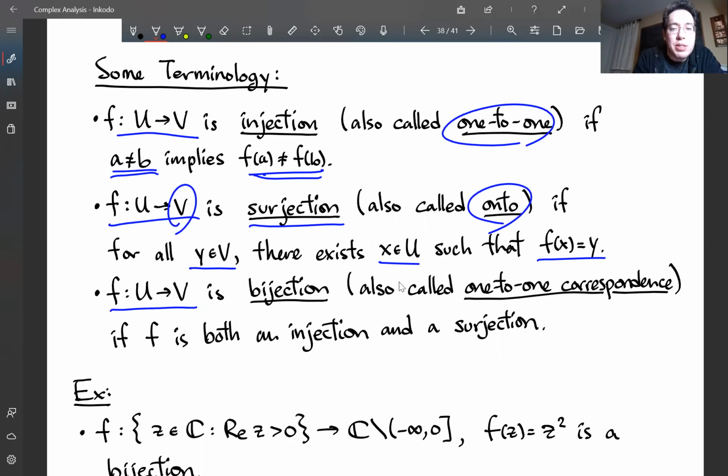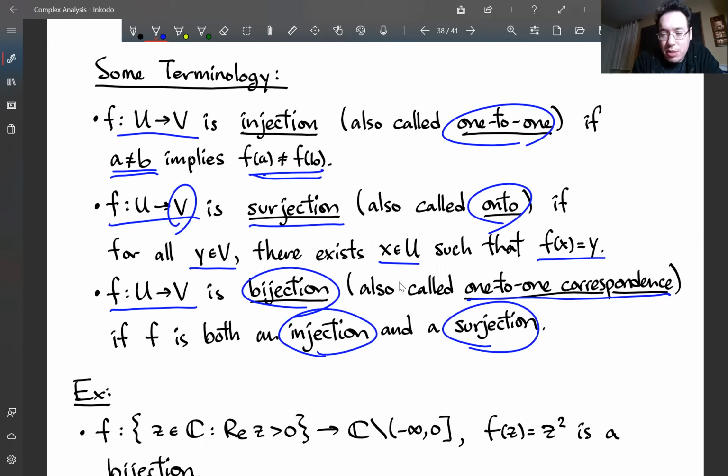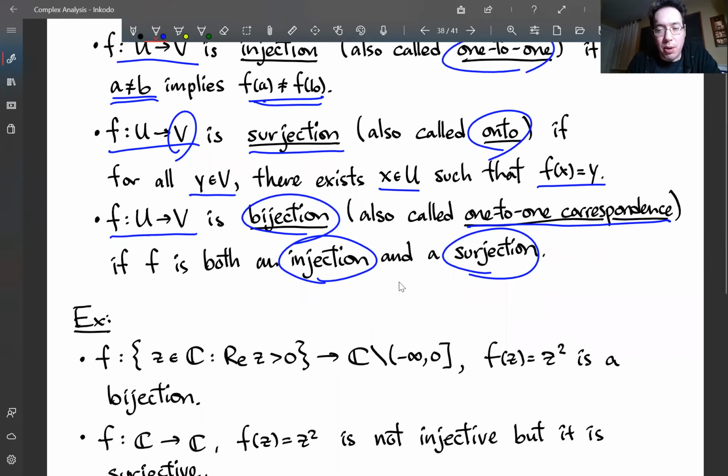We also say the function is a bijection, sometimes also called one-to-one correspondence, if they're both injection and surjection at the same time. Okay, so let's review these concepts applying to some complex functions that we know.